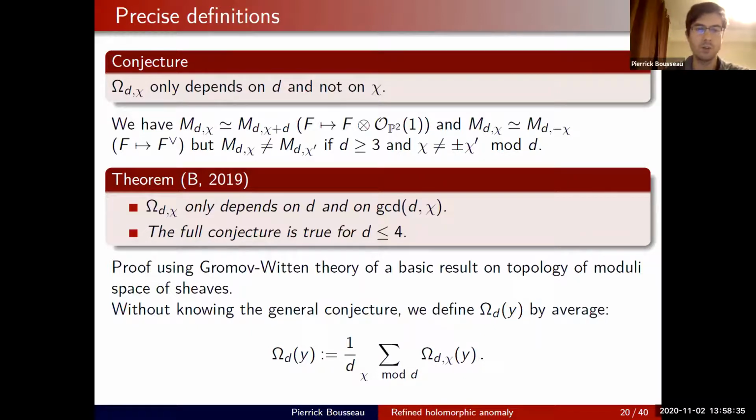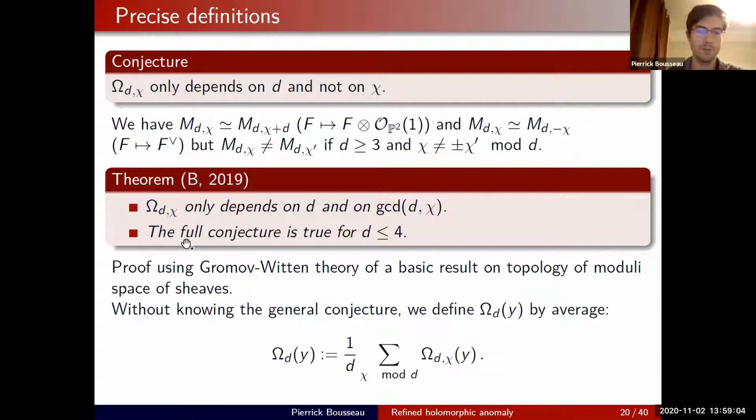So the obvious way to prove this statement, which is to prove that the spaces are the same and so have the same Betti numbers, just cannot work. So you need to do something more. In fact, the only proof I know of this statement uses a full story I will describe, which ultimately uses some Gromov-Witten theory. It is a slightly strange story where you prove a basic-looking fact on the topology of moduli spaces of curves using some Gromov-Witten theory type arguments.